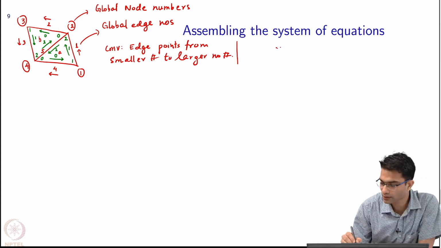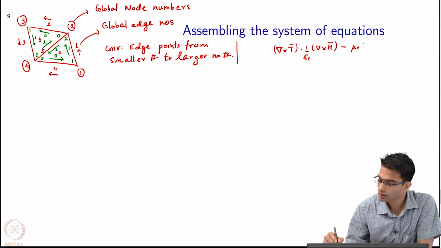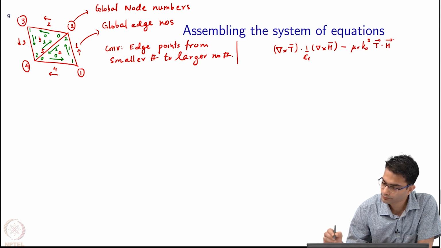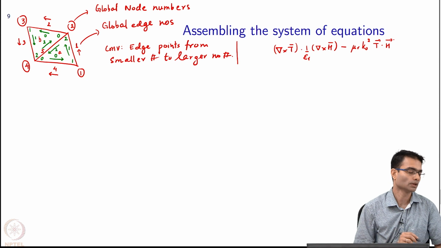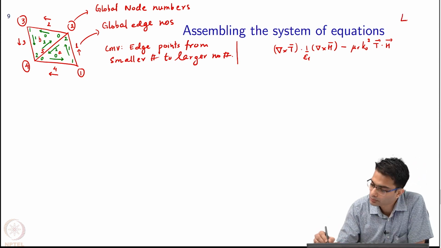So there was a curl of T dot 1 by epsilon r curl of H, minus mu r k naught square T dot H. So this was the left hand side term.